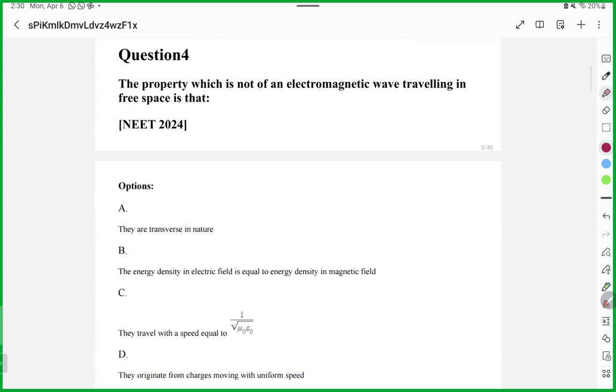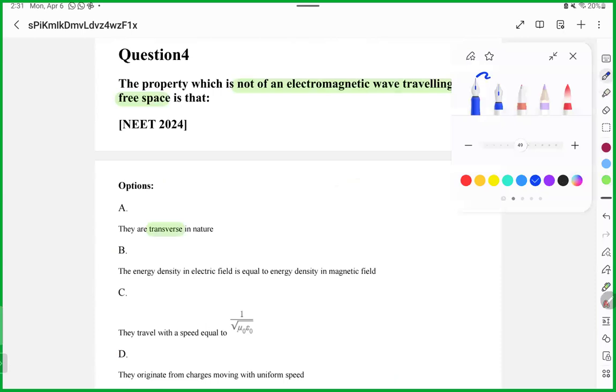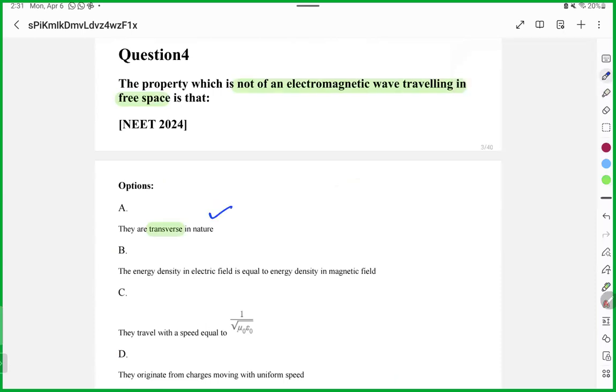Pratigya, theoretical question. Which of the following is not true for electromagnetic waves traveling in free space? They are transverse. Is this correct? Yes. Second, the energy density of the electric field is equal to the energy density of the magnetic field. Correct.